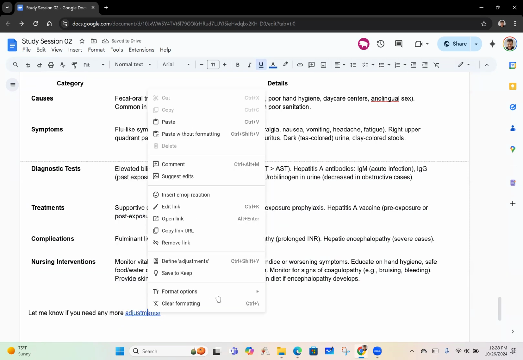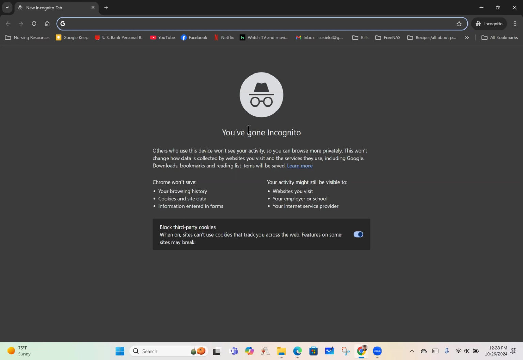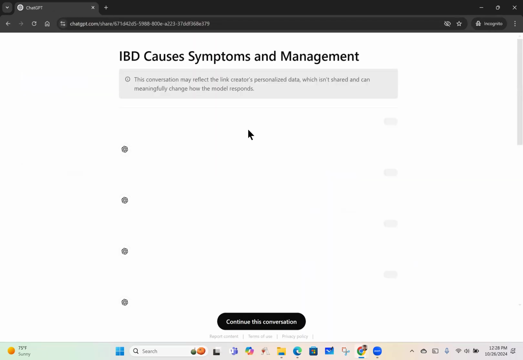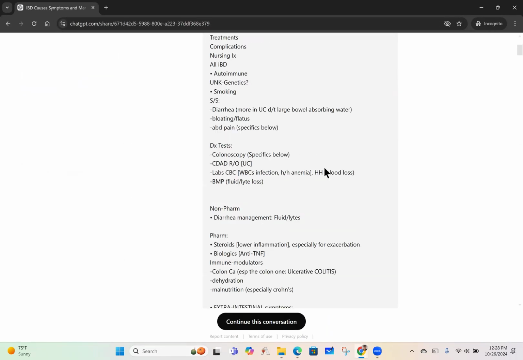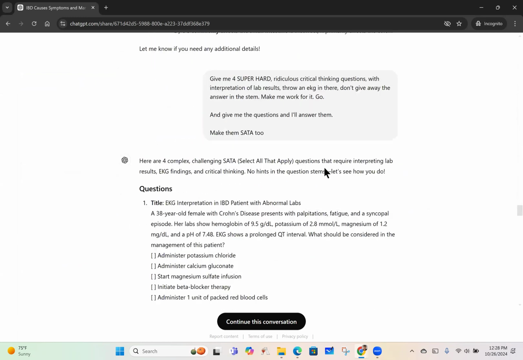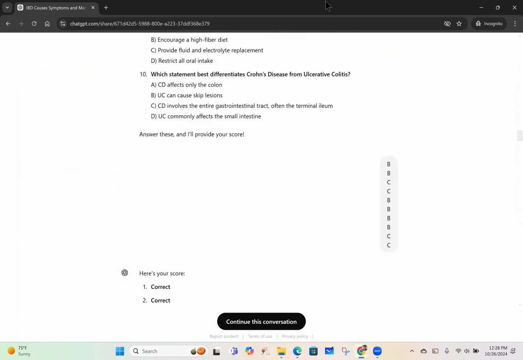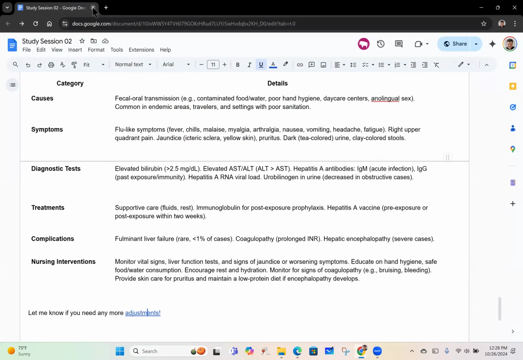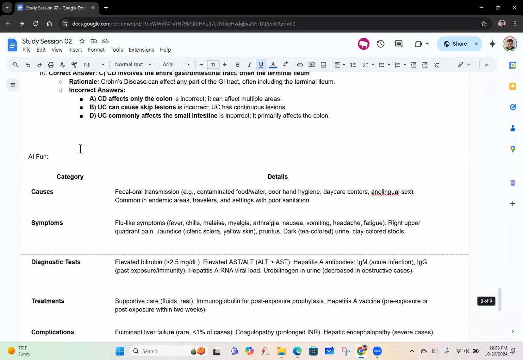When you open this in an incognito window, this is what it would look like. I think there's an enterprise level, but that's something a college would buy for all the teachers. Does that make sense?